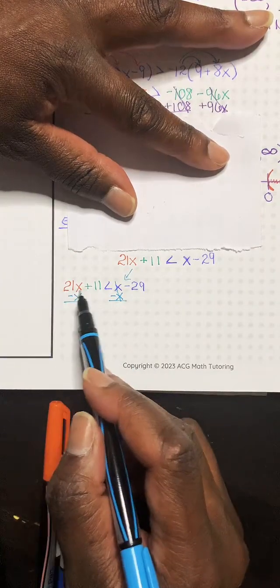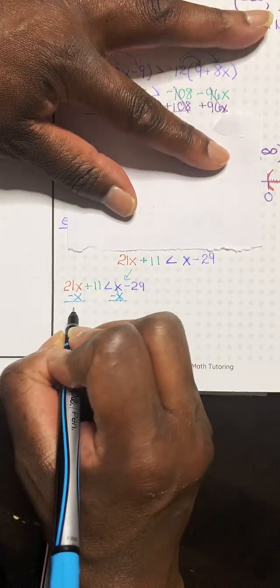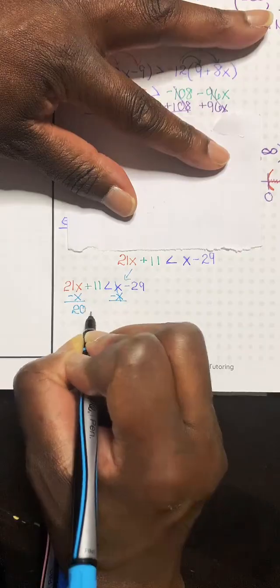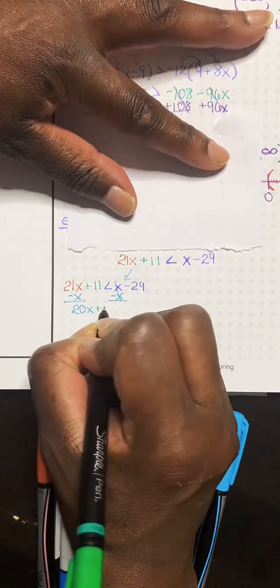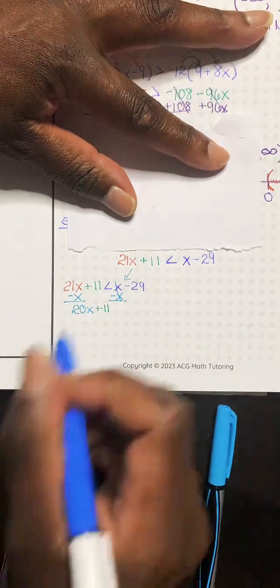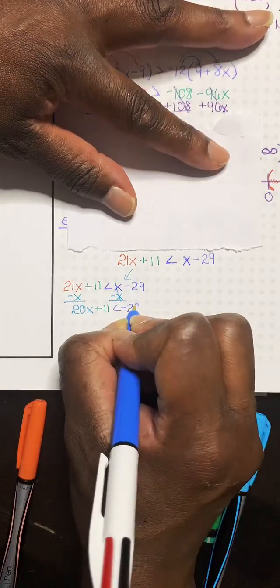Okay. So 21x minus 1x gives me 20x, with our plus 11 less than negative 29.